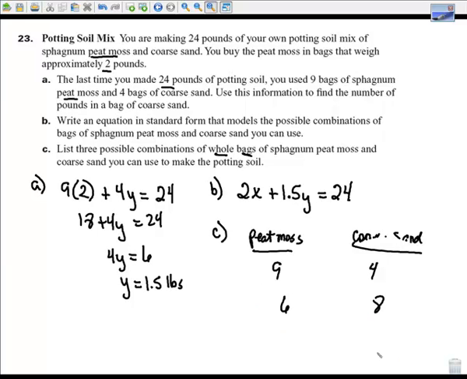I can do 12 bags of coarse sand. 12 times 1.5 is 18. 24 minus 18 is 6. Divided by 2 is 3. And then I already did this one, so really technically I should do another one. So let's try another one.